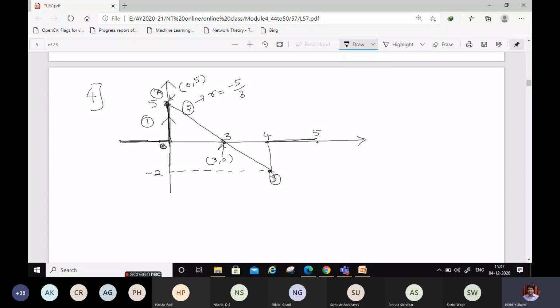Now this ramp has to be stopped here. So we are going upwards. What was the previous slope? Minus 5 by 3. So to make it 0, you have to add plus 5 by 3, at 4.